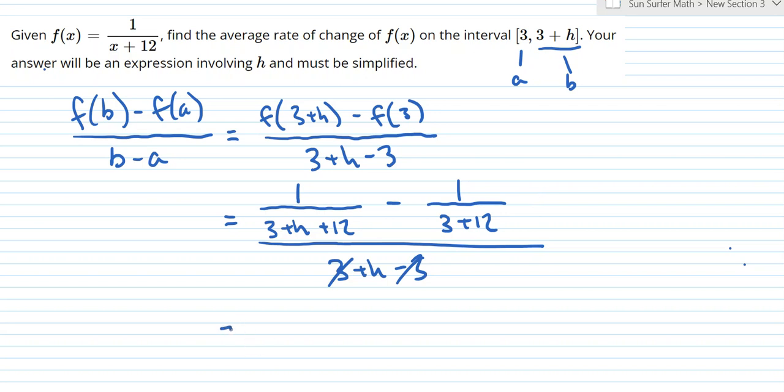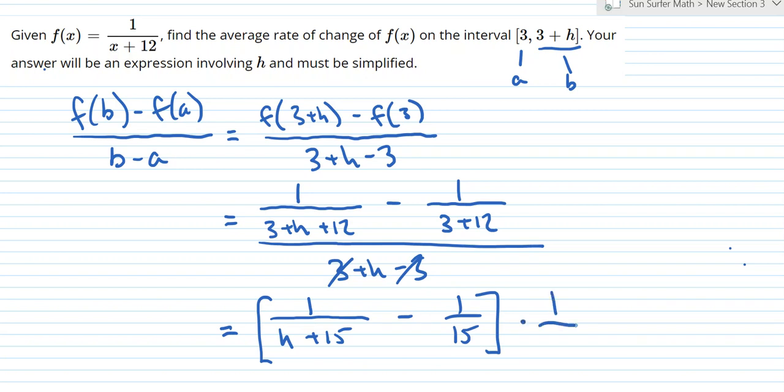So now I can simplify this denominator: 1 over h, 12 plus 3 is 15, minus 12 plus 3 is 15. And as I said, instead of dividing by h, we're going to multiply by 1 over h.